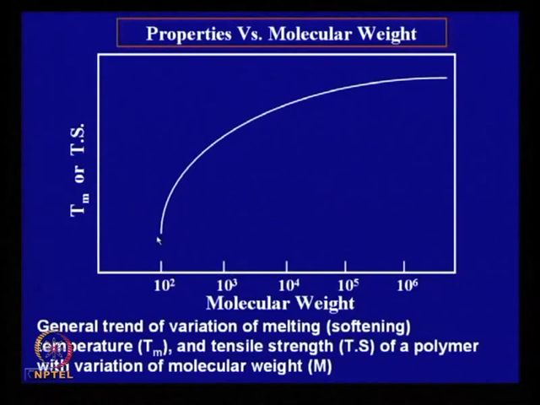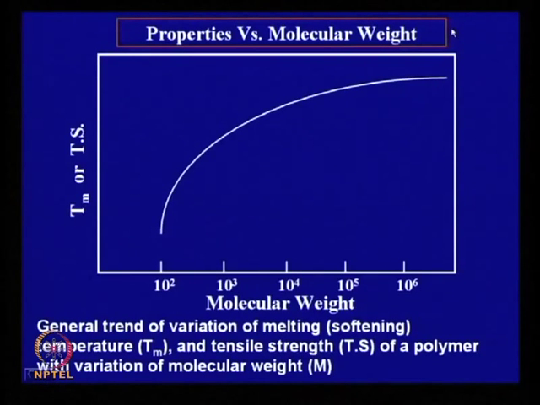There is some minimum property for a minimum molecular weight, then gradually this property increases with the increase in molecular weight. Beyond a certain value of the molecular weight, that increase of those properties is not very high, not very pronounced.